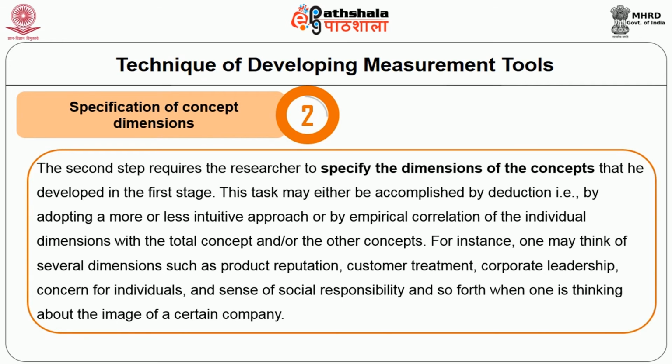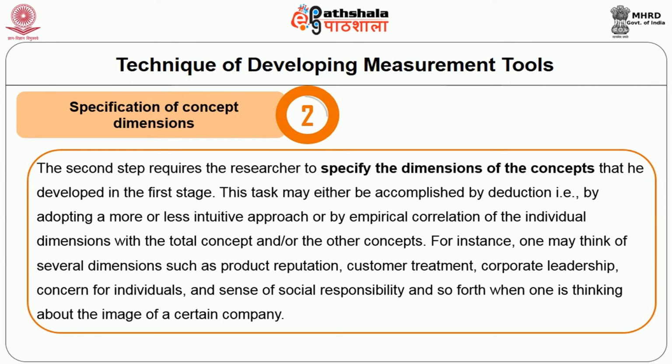The second step requires the researcher to specify the dimensions of the concepts that he developed in the first stage. This task may either be accomplished by deduction, that is, by adopting a more or less intuitive approach, or by empirical correlation of the individual dimensions with the total concept and/or other concepts.